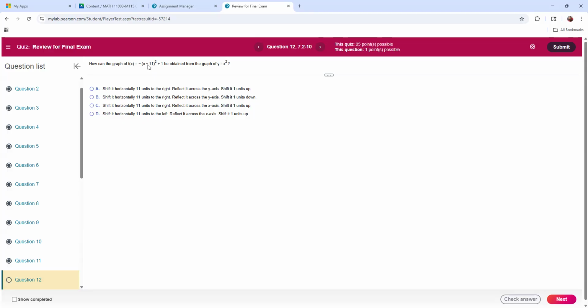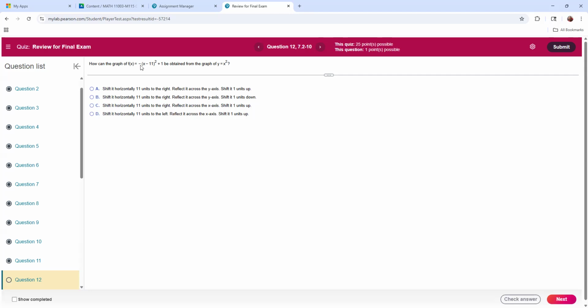So that -11, when I attack the x with that -11, is that moving me right or left? So since it's negative, it's actually going to move me to the right. Good job. So, well, the top three, A, B, and C, all say it's going to the right.